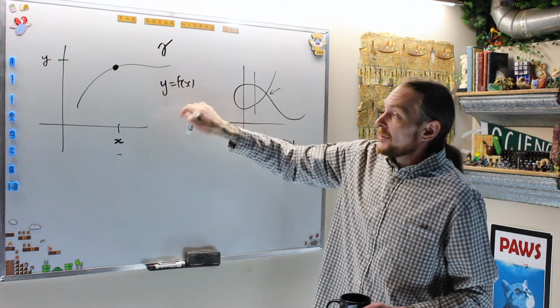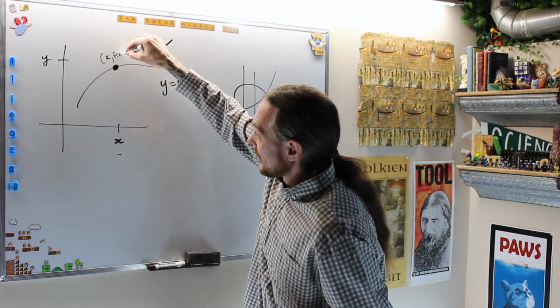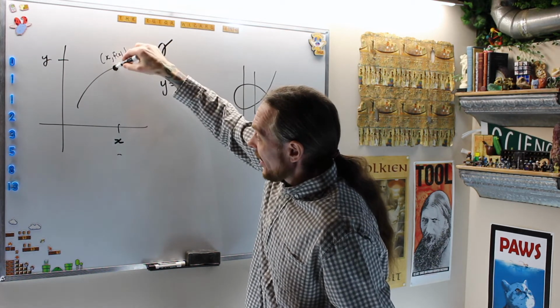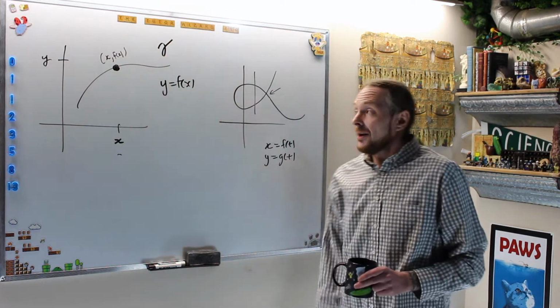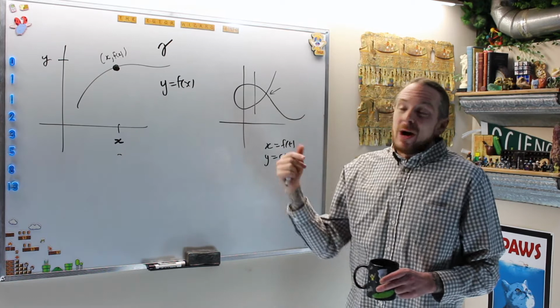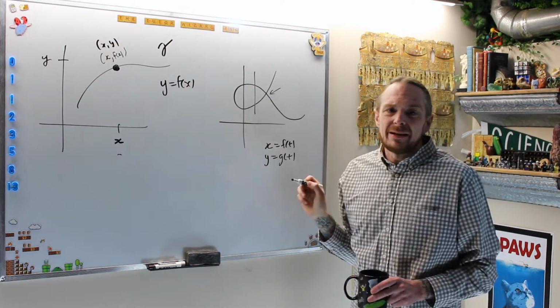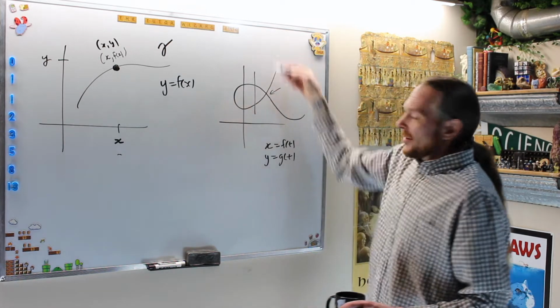So we do have two coordinates every time, x and y, but when it's on the graph of a single function, we get the point x, f of x, or x y.